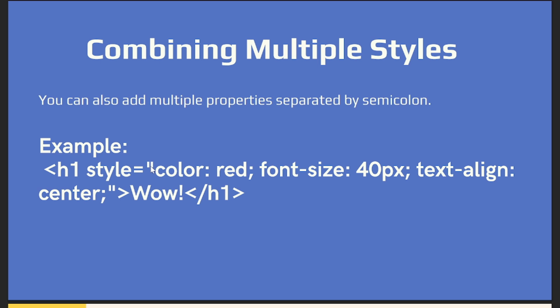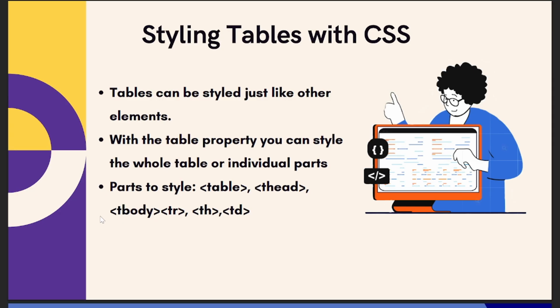Just one style opening contains so many styles. So now we have the color here and it has ended here, because you are seeing that it already has a semicolon. That means it's done. This one, font size 40 pixels, ended with a semicolon. You have another one, text align, which ended with a semicolon. That's wonderful. Now we'll continue.